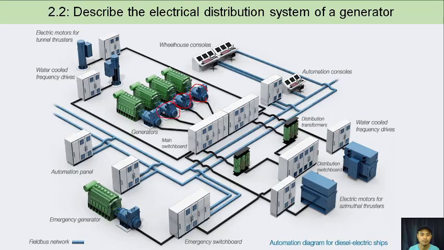When the engine is started, the generator will also start. When the generator starts, the rotor rotates, and electromagnetic force is induced, which is converted into electrical current in the windings, and this electrical current will go into the main switchboard.